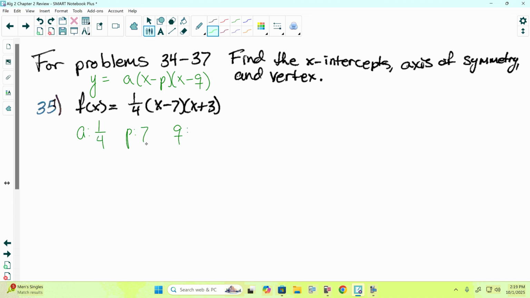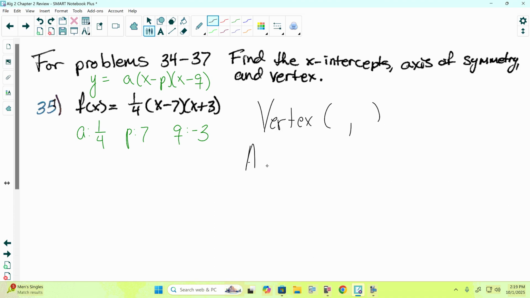P is 7 and Q is negative 3. For x minus 7, x minus P, so it's just positive 7. For x plus 3, x minus Q, since it went from negative to plus, Q had to be negative.